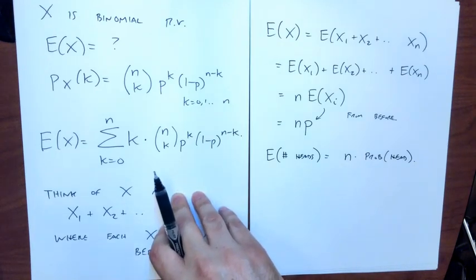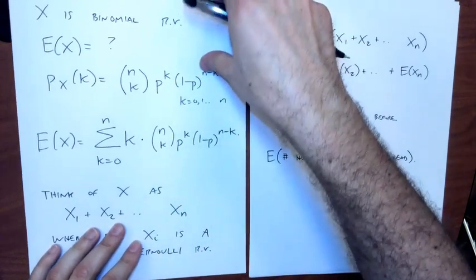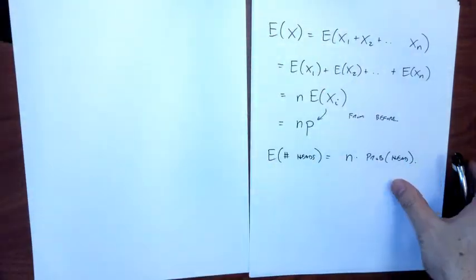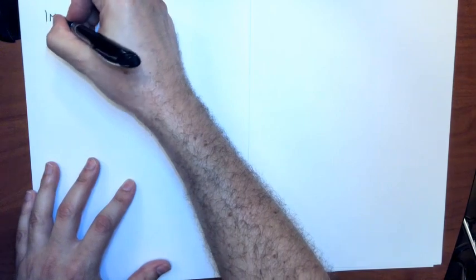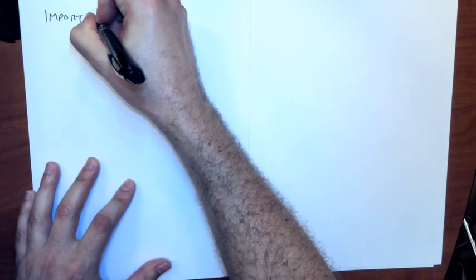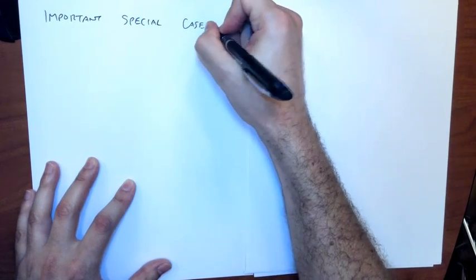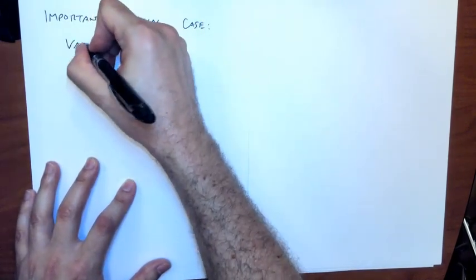So an important special case of this discussion is the variance of a random variable.